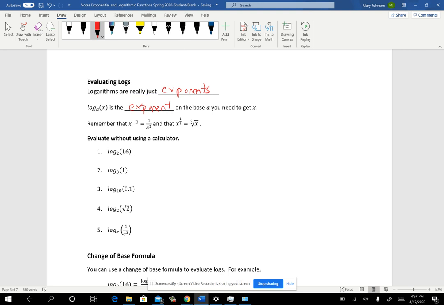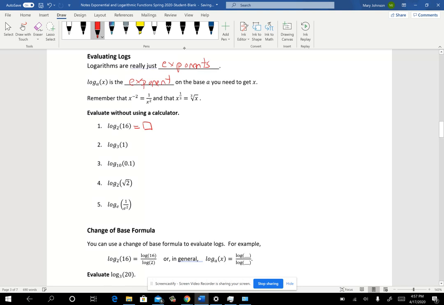So like if they say log base 2 of 16 and you're trying to understand what that means, think about it like this, okay? To understand what that means, I could switch that to exponential form. So what that means is that 2 raised to whatever this turns out to be should equal 16.